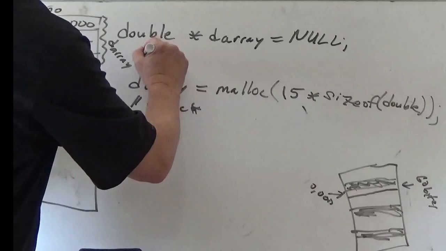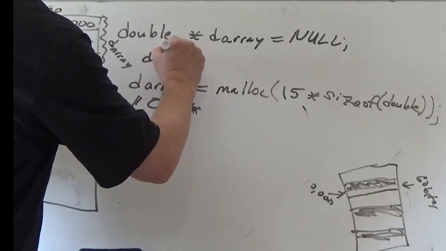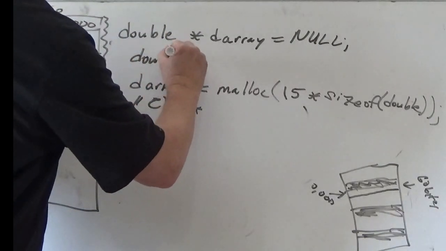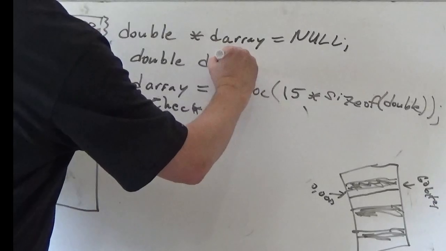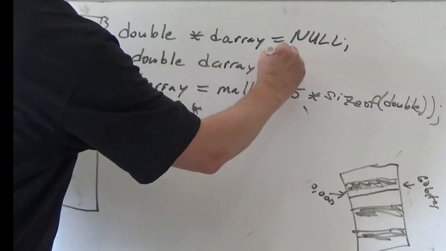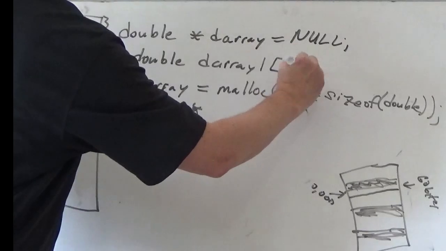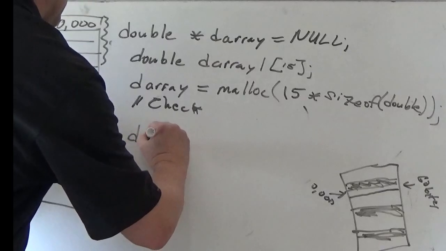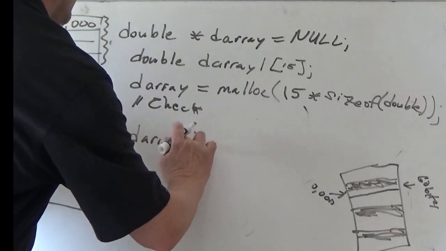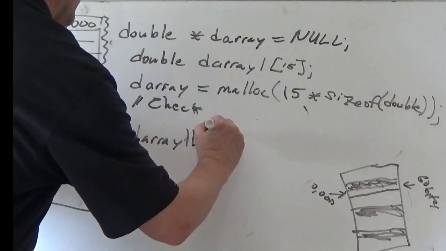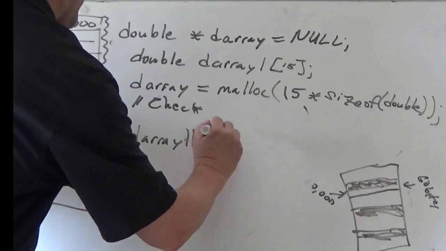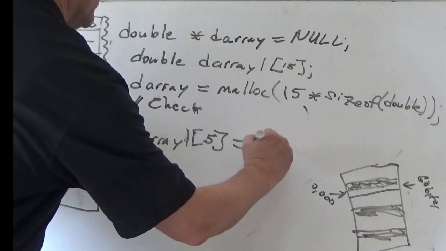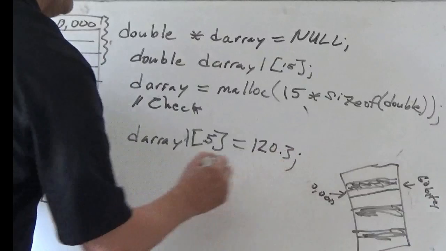Even if we had declared something like a double D array of size 15, you should all be used to this by now. You can do D array 5 is equal to 120.3, something like that.